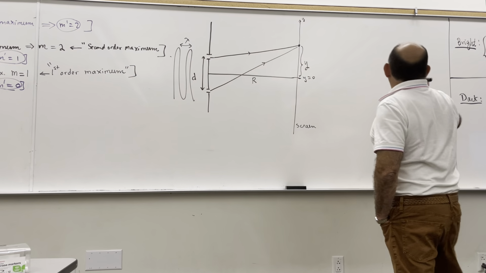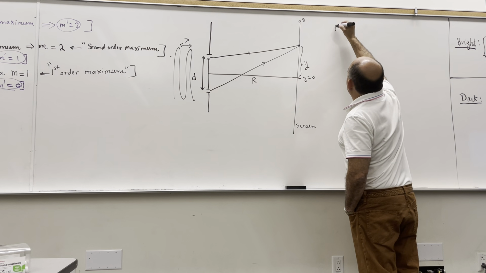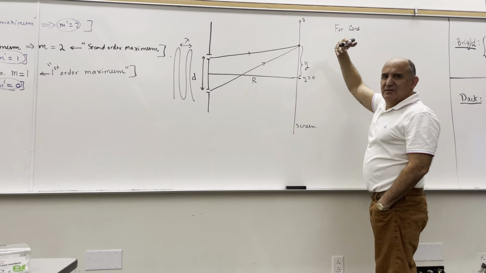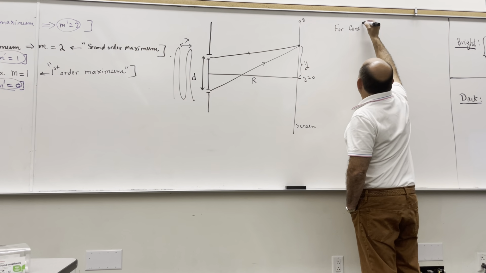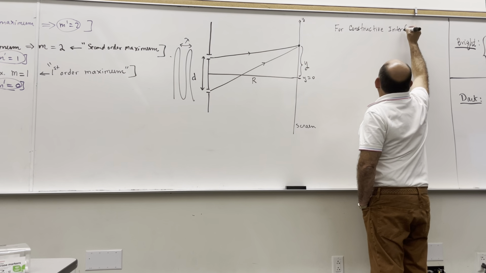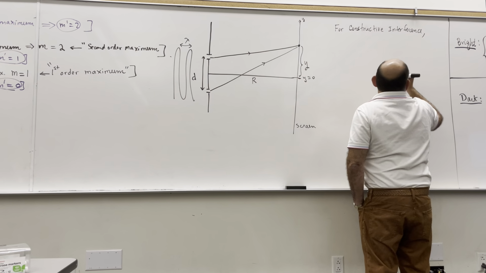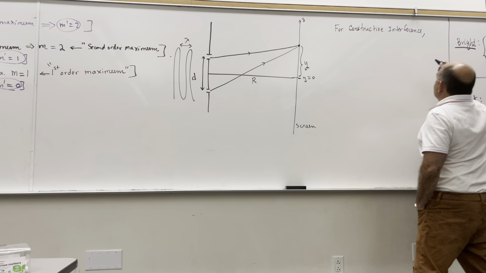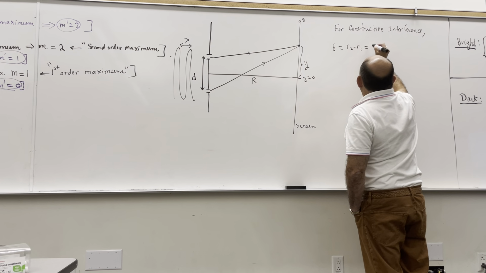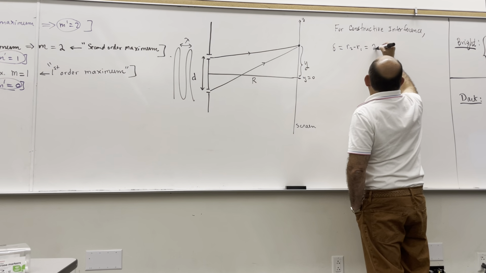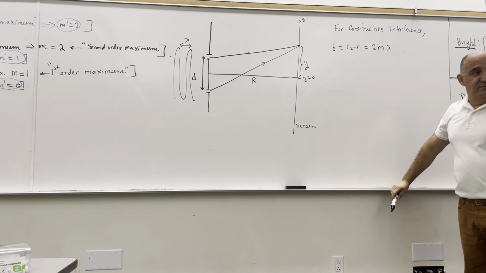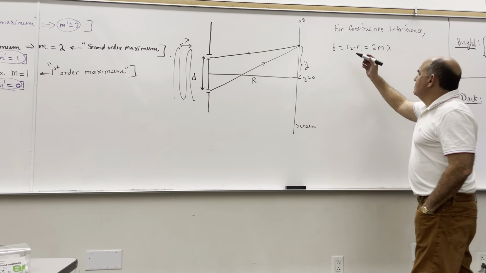If I want a bright spot for constructive interference, maximum reinforcement, bright, then the path length difference has to be... I'll just call it delta.